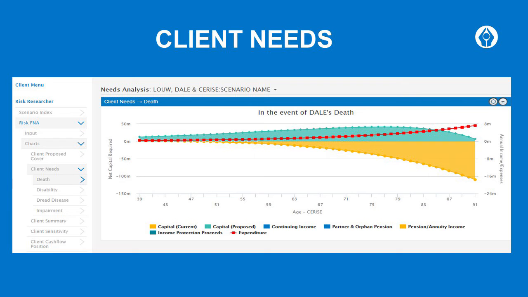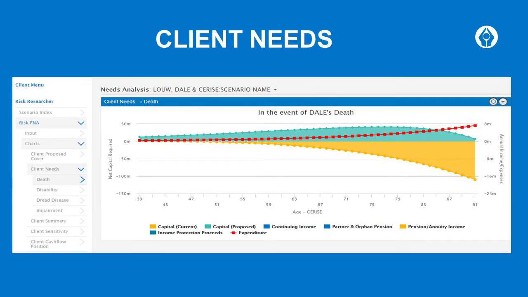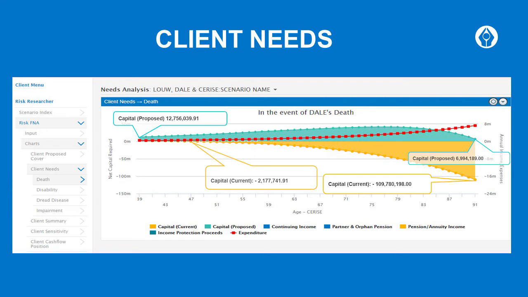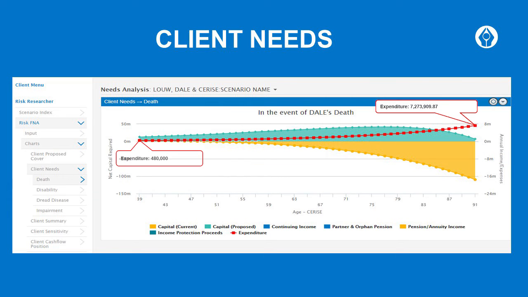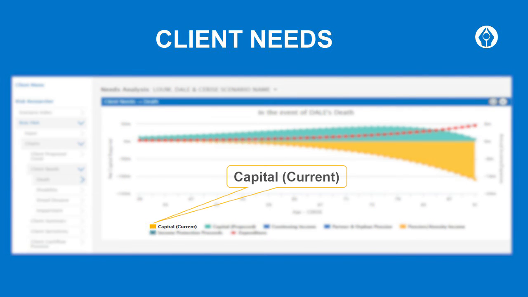The client's need graph indicates the cash flow over the planning term. It takes into account all available cash to be used for the risk plan as well as expenditure required over the risk planning term. The client needs, on the other hand, are characterized as capital, which is the surplus or shortfall applicable to any capital needs the client may have.